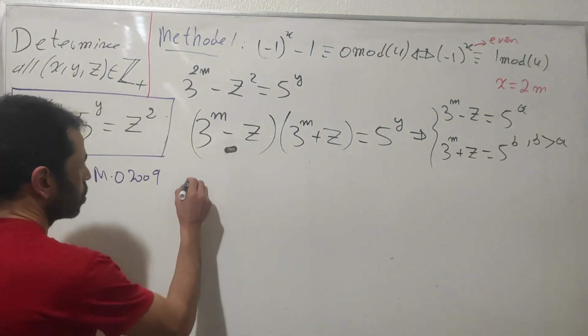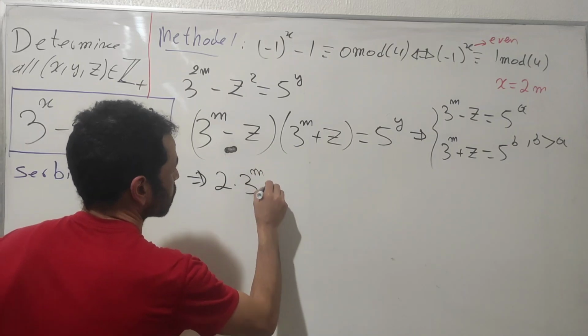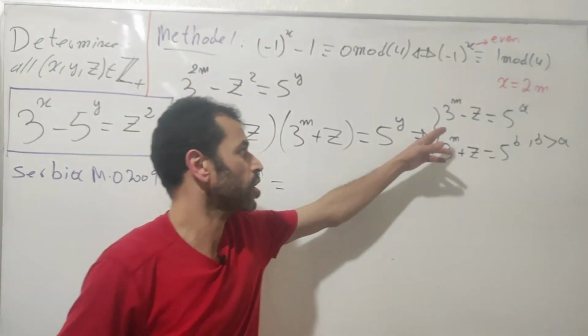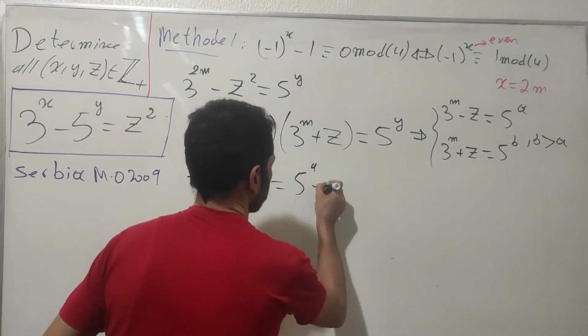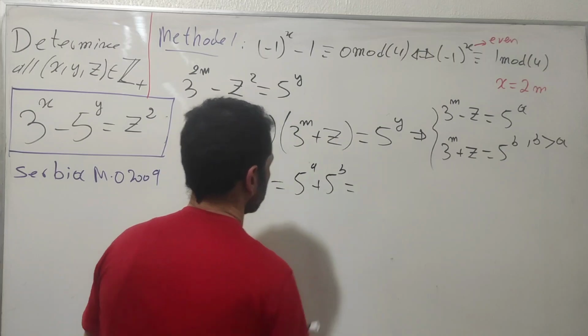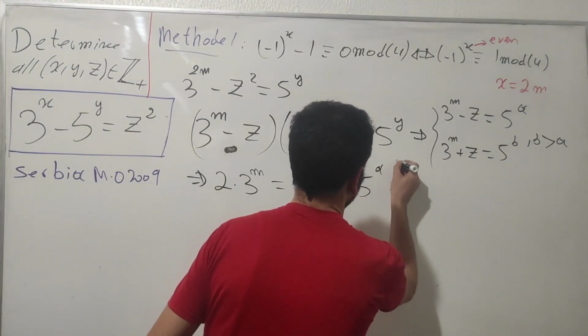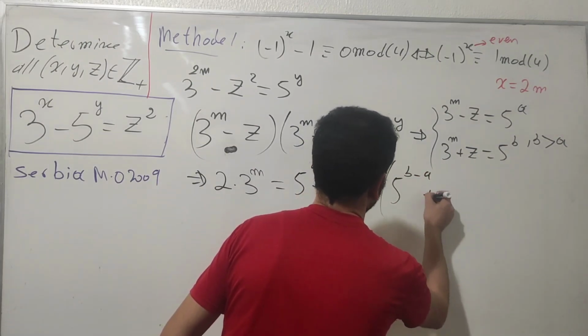I get 2 multiplied by 3 to the m. The z is going to cancel out due to the opposite signs. So I get 5 to the a plus 5 to the b. Since a is smaller than b, I'm going to take 5 to the a as a common factor. I get here 5 to the a times (5 to the b minus a plus 1).